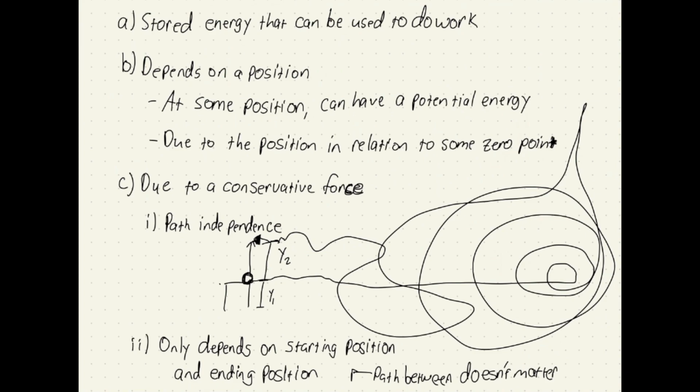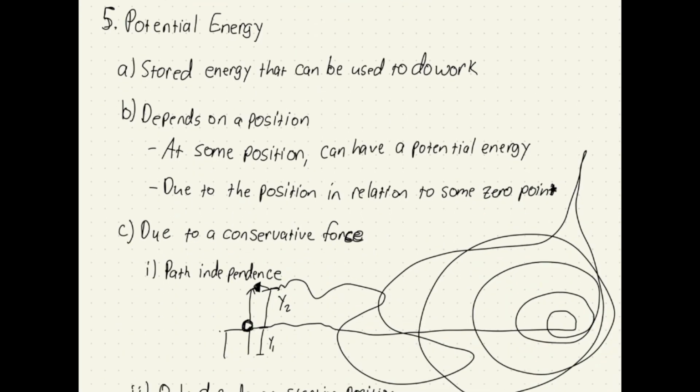But in a more practical sense, one thing that you might want to know about conservative forces, let's see, we're on 5C. When it comes to conservative forces, and we talk about path independence, this means that we can look at two positions in this thing's motion and calculate something.